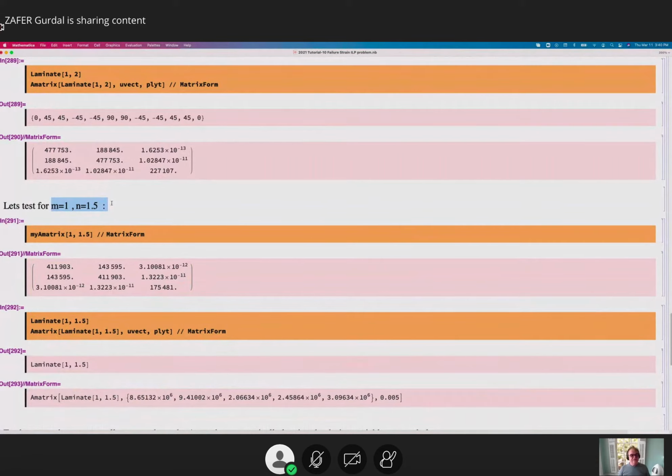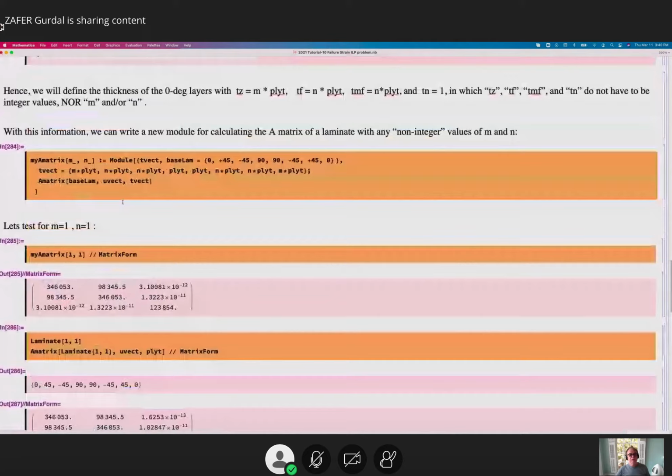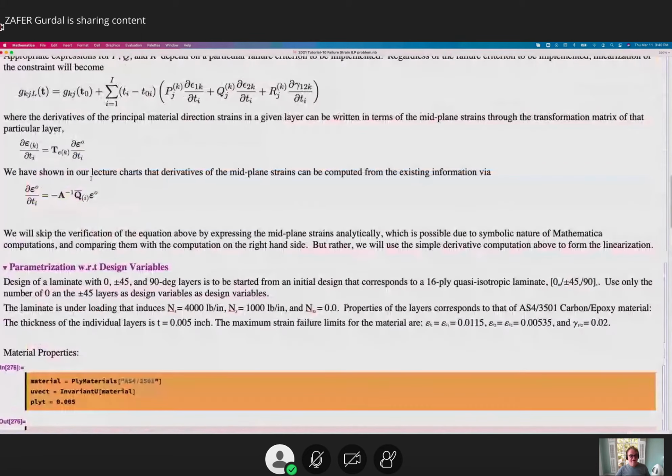Now, this does not change the equation that I created here, because as you will see, this form for the derivative can be computed whether the laminate is integer or not, as long as you have an A matrix that is right and the epsilon vector that is right.